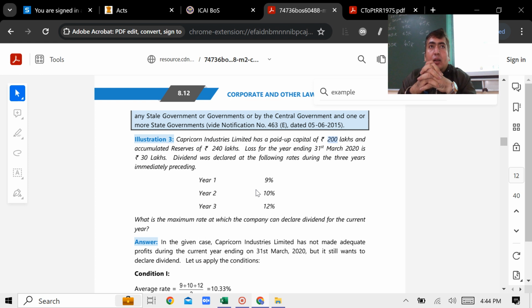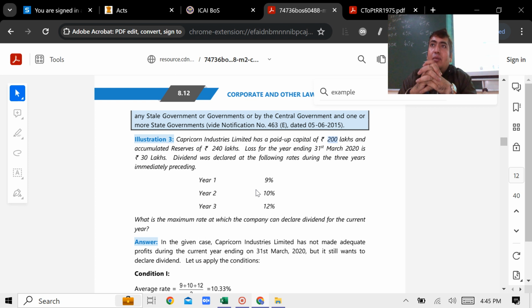What should be the leftover balance? 15% of the paid up capital, right? Paid up is 200. Apply 15%. That is coming to 30. I think the third condition doesn't apply. The reason is we have 240, and out of the 240, 30 lakhs should be left over. So 210 is available.